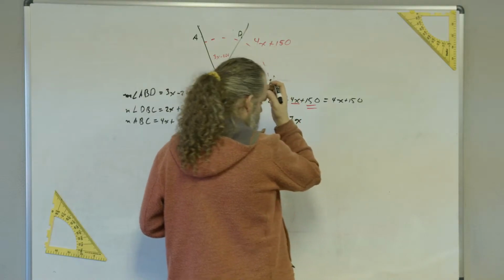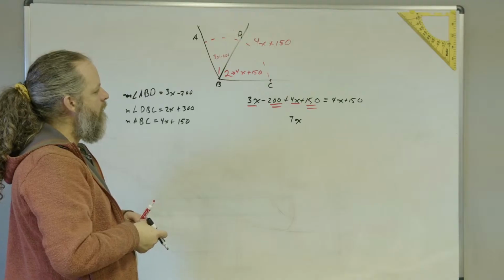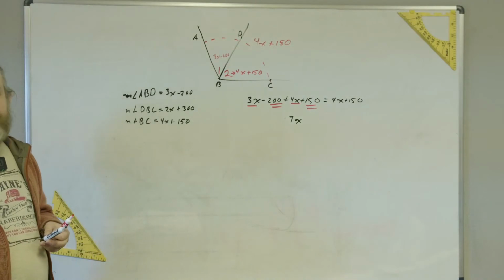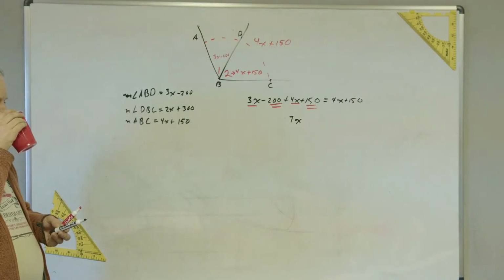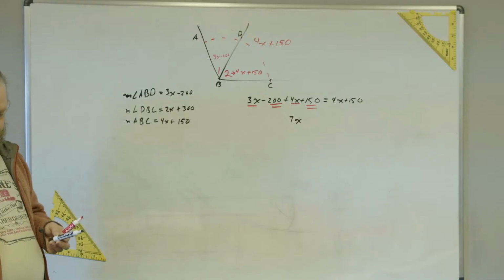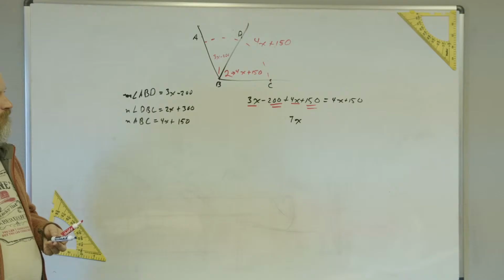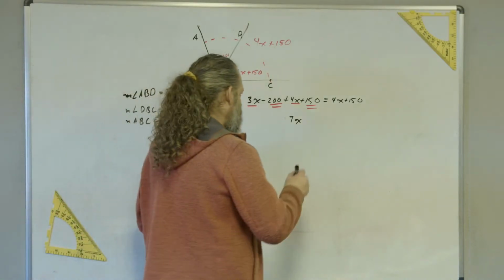And negative 200 plus 150 is? One of them's negative, one's positive, right? So you got to subtract. Keep the sign of the bigger one. What's 200 minus 150? 50. And it's negative 50 because 200 is bigger.